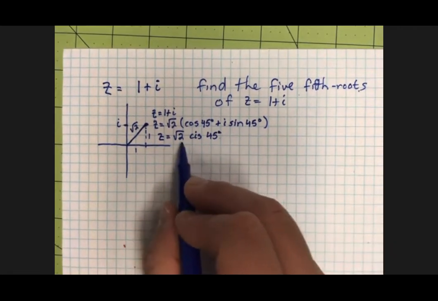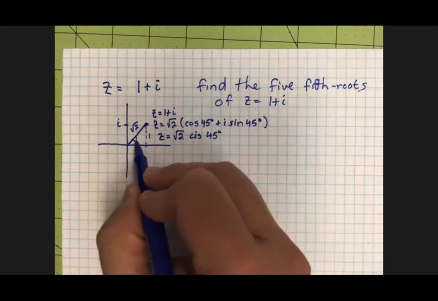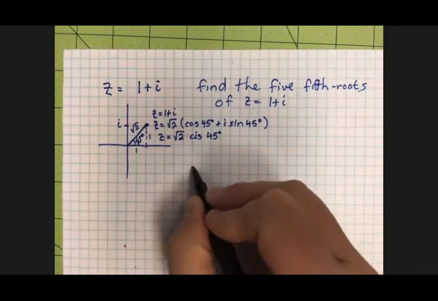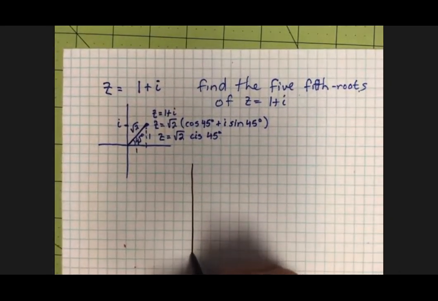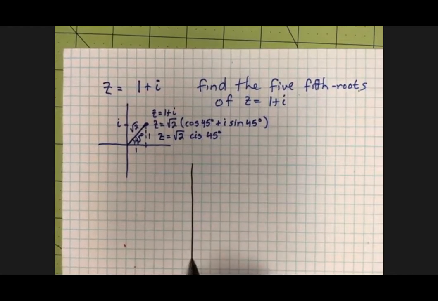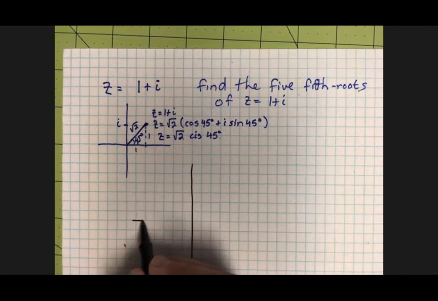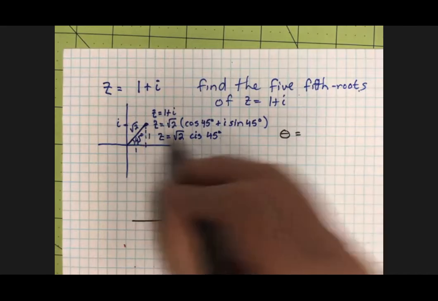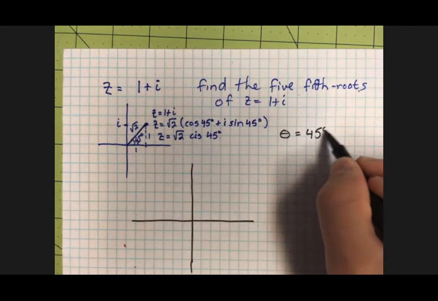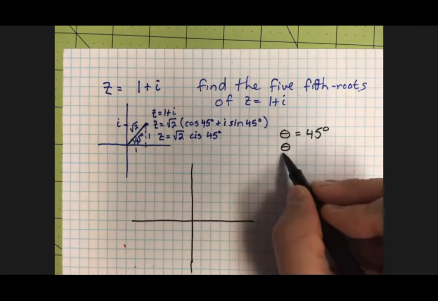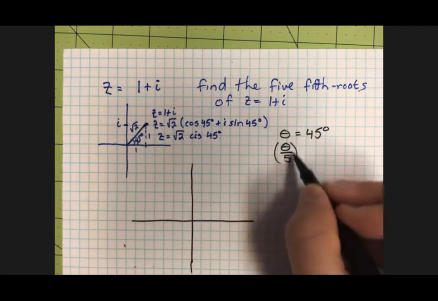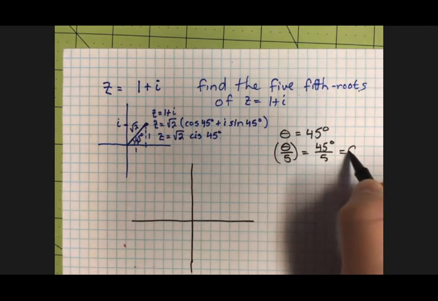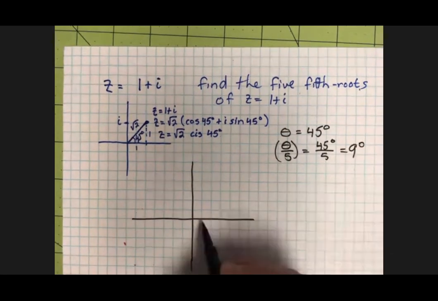Now, how can I find the fifth roots of this? This is 45 degrees here, right? So let me draw another picture. Let's make this a little bit enlarged, so I can draw several angles at once. If the theta in this z is 45 degrees, then what does it mean to take the fifth root? I'll need theta over 5. 45 degrees divided by 5 is 9 degrees. And 9 degrees is kind of small.